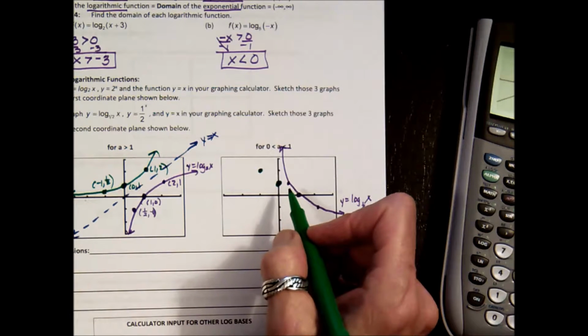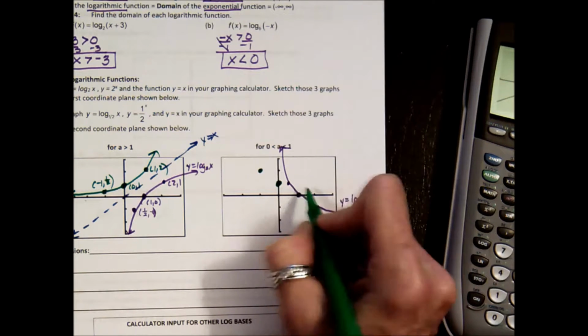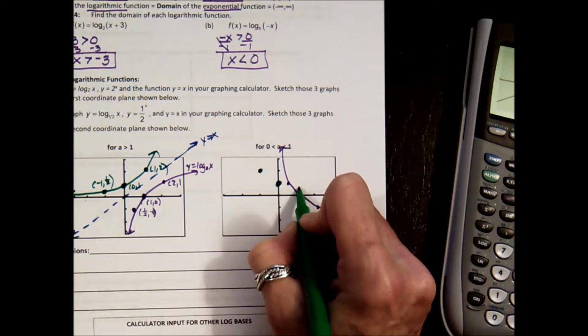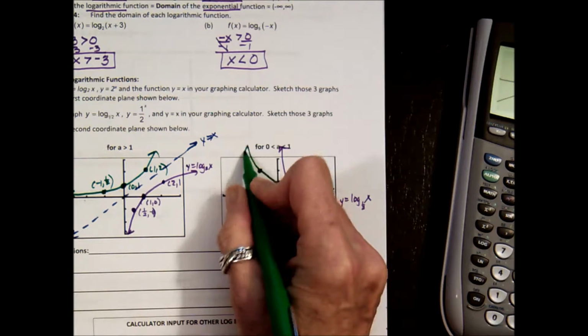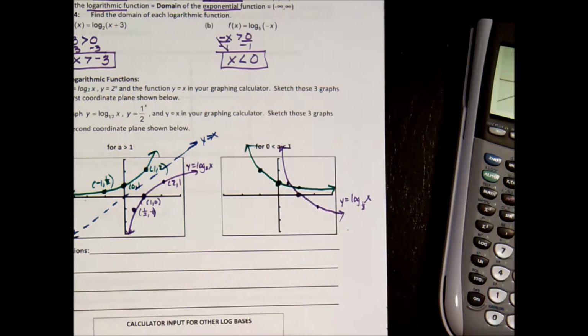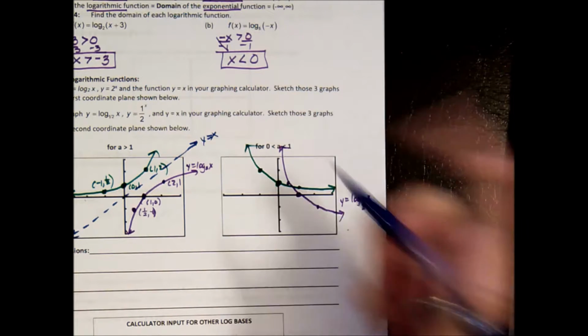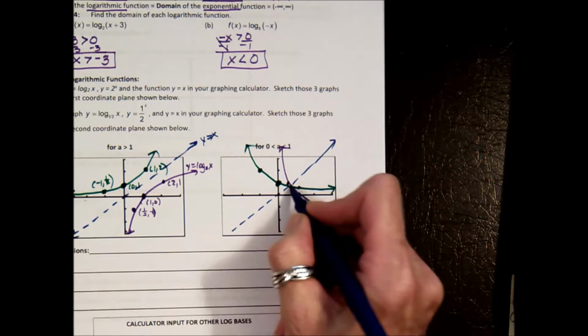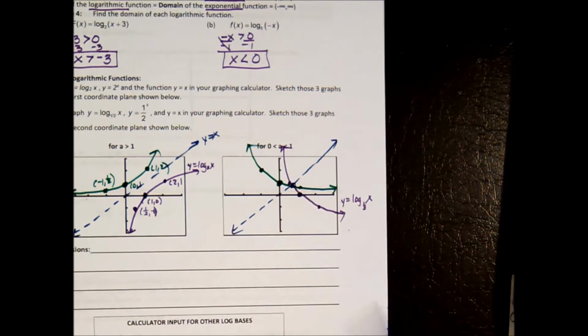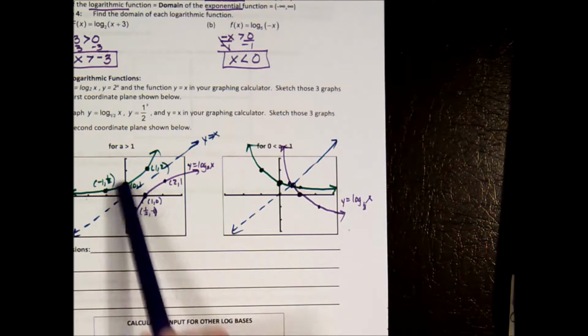And then it goes through this point right here, 1, 1/2, and it looks something like this. Now, it's harder to see that these are reflections, but they are. And when I put in the line y equals x, if I had drawn my graphs correctly, they all would have crossed right there. You will see that they are also reflections of each other across that line, but it's not as easy to see as it is right here.